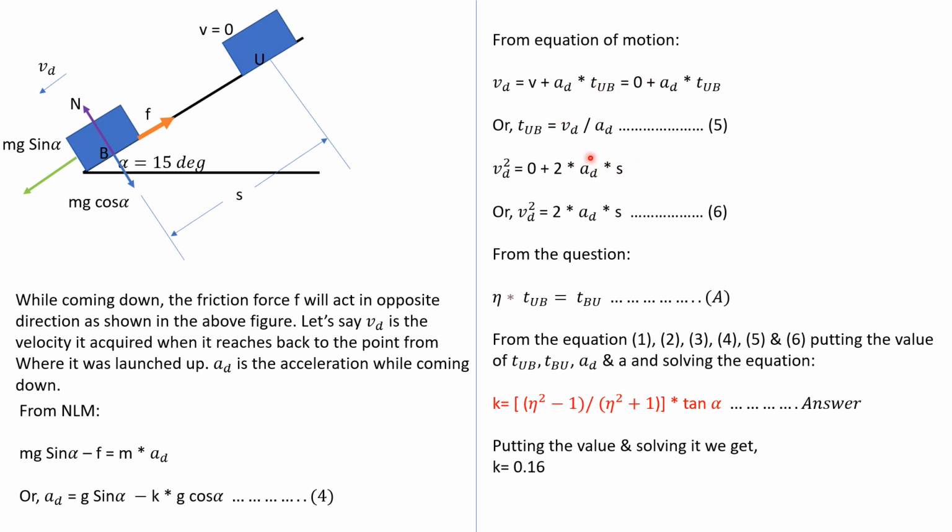So TUB is equal to VD by AD. Now VD square minus v square is 2 AD s. This we have utilized, and we got equation number 6. And initially, as we discussed, TBU is equal to n times TUB. Let's call this equation A.